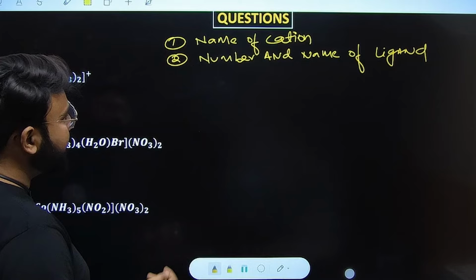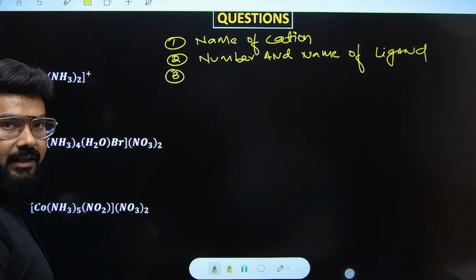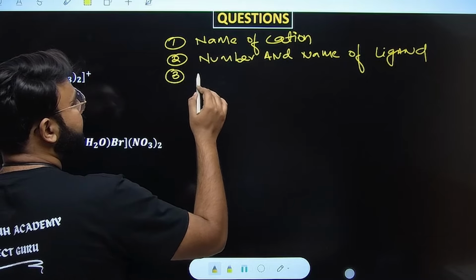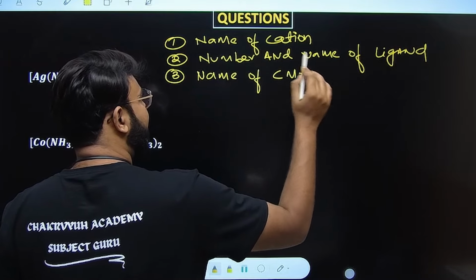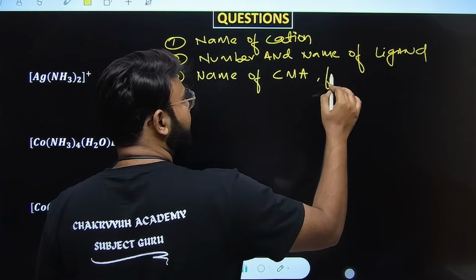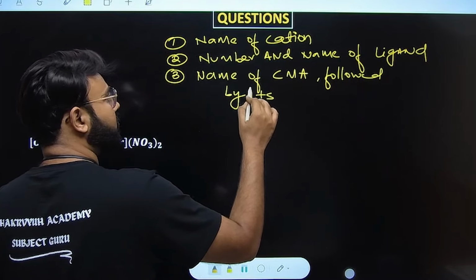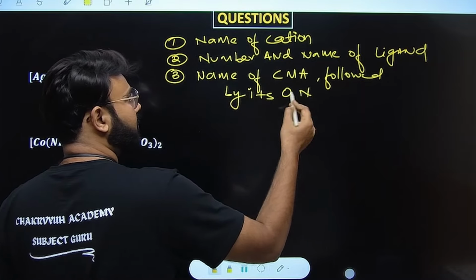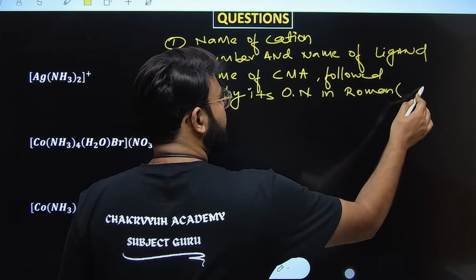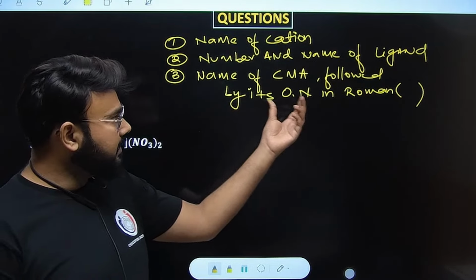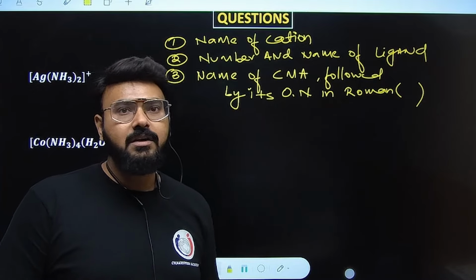After writing the names of the ligands, you have to write the name of the central metal atom, followed by its oxidation number in Roman numerals, enclosed in brackets.